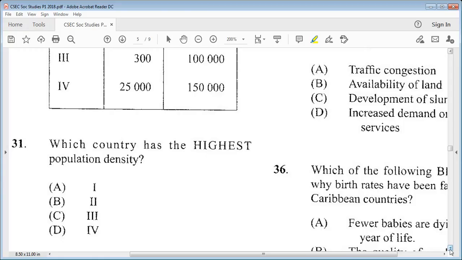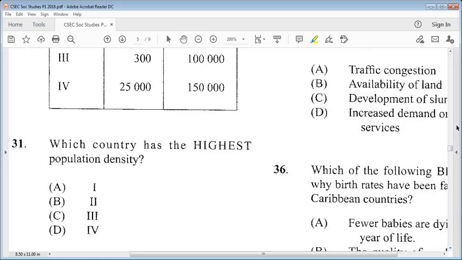Well, we know population density is the average number of people living in every square kilometer of an area or in a country. So how do we find the population density? Well, we have to divide our total population by our area in square kilometers.